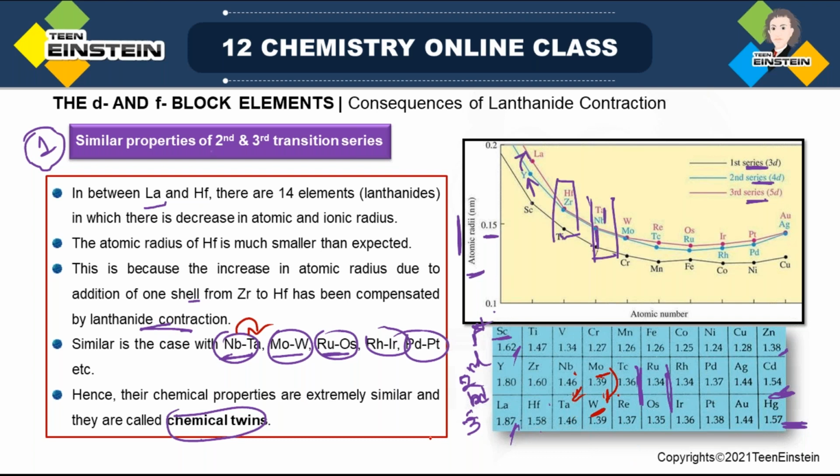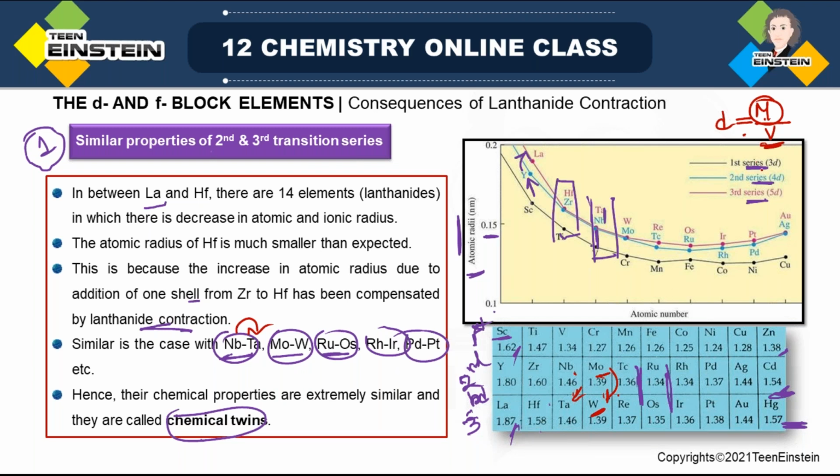So what I'm trying to say is, when you are thinking about density, density is mass by volume. Now M is increasing, but V is fixed.